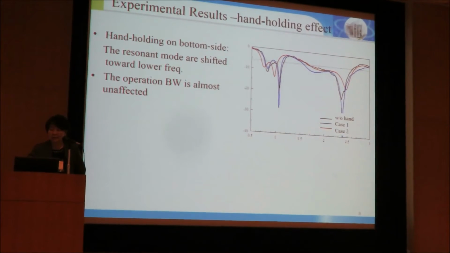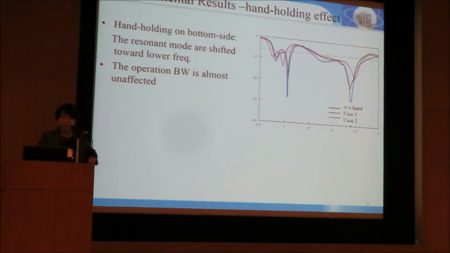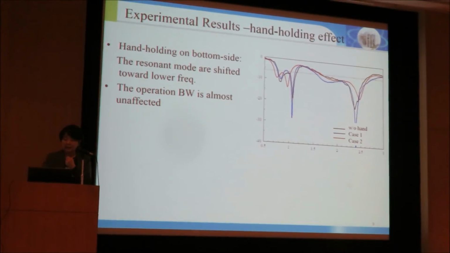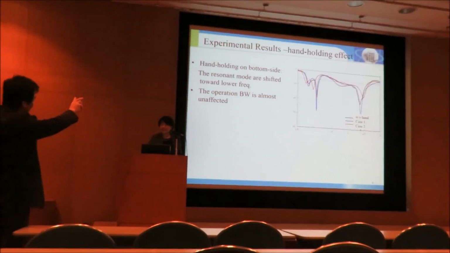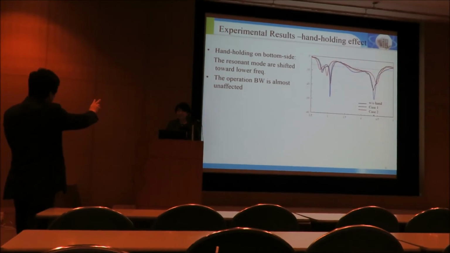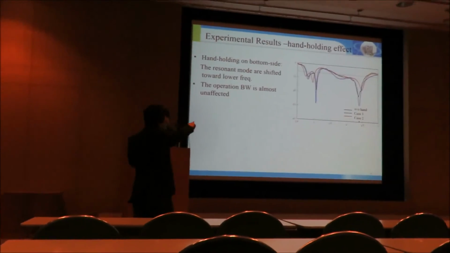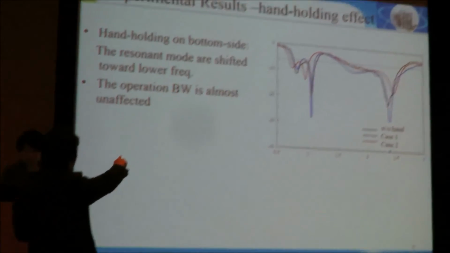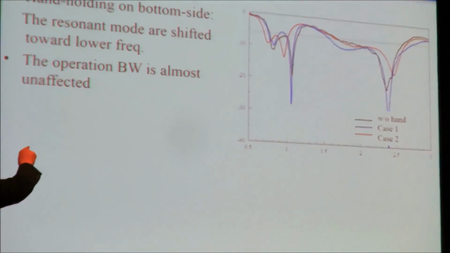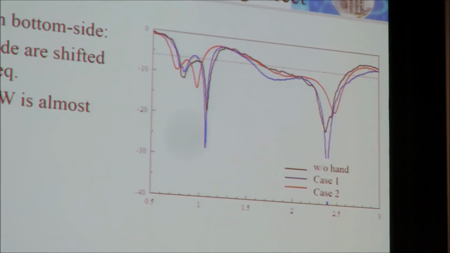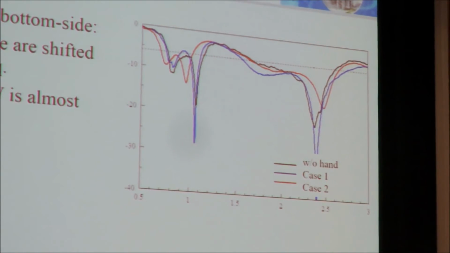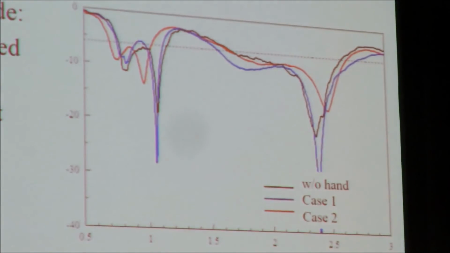And this one is an additional resonance caused by the coupling between the strips. And in the lower part, there are 2 resonant frequencies. 3 is the second harmonic of the fundamental, and this one is the third harmonic of the fundamental mode.